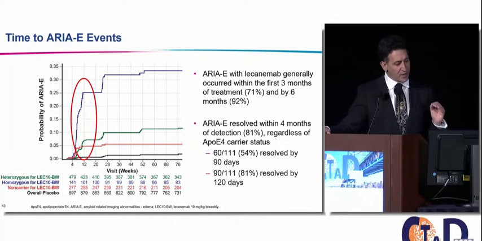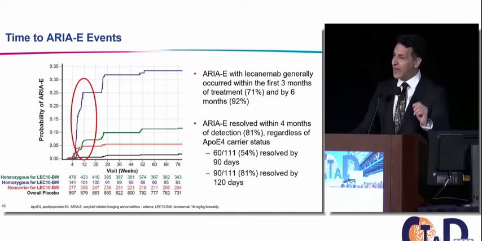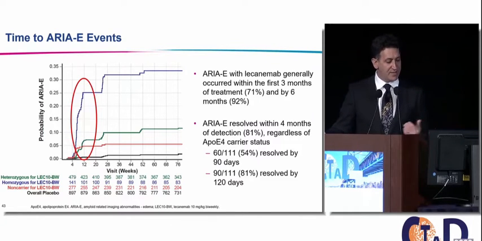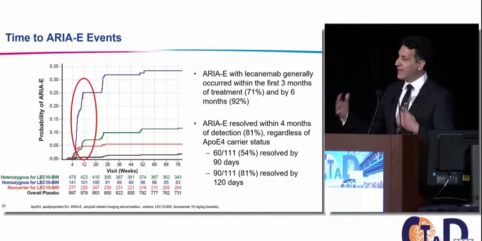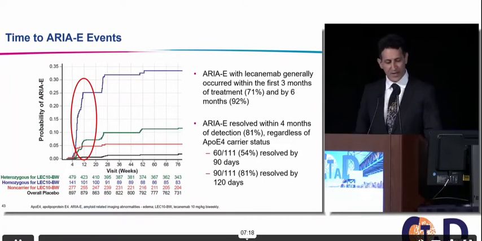An important other thing is that regardless of the APOE4 carrier status, the majority of them resolved: 54% in 90 days and 81% in 120 days. So we know, again, when ARIA-E events are likely to occur, and when they are likely to resolve.